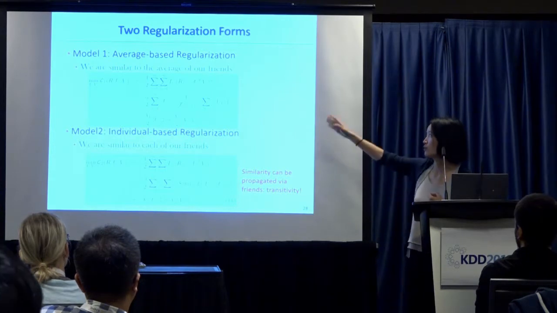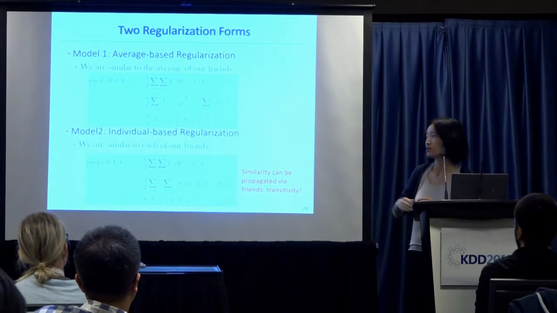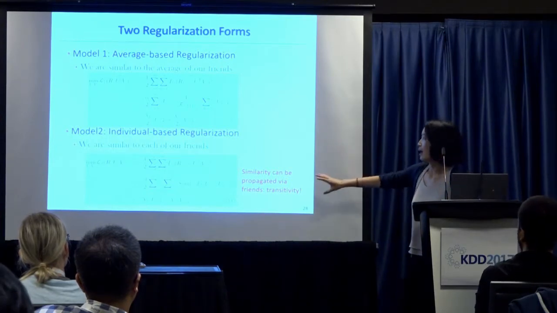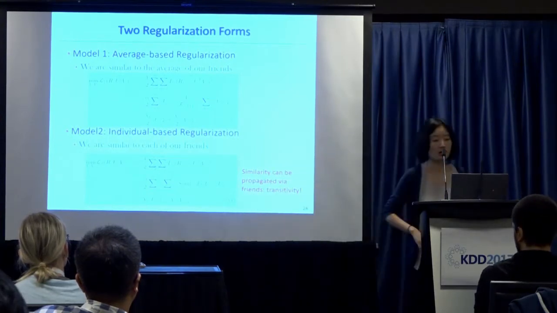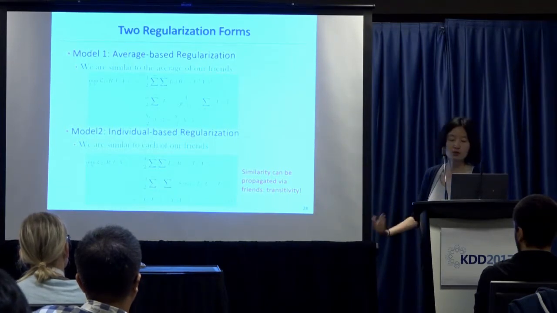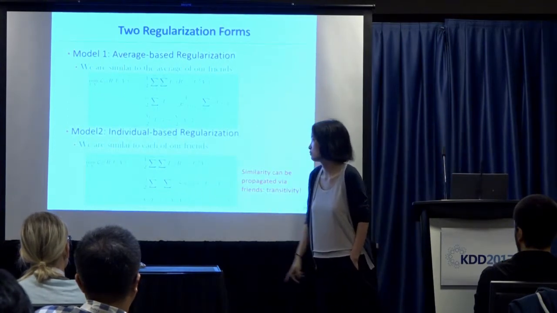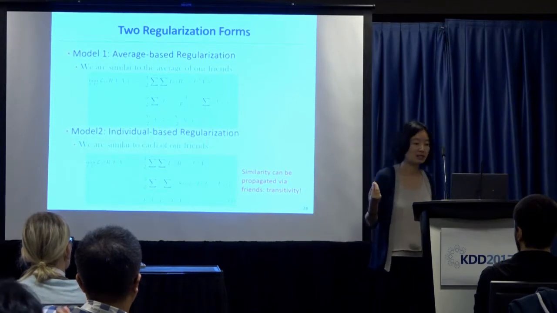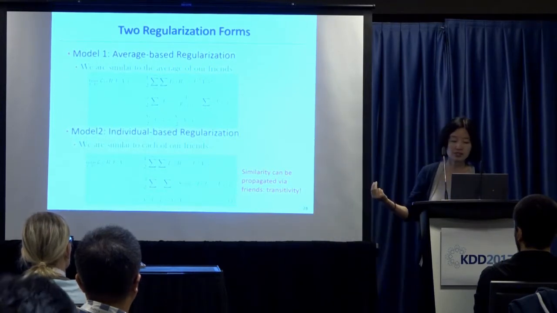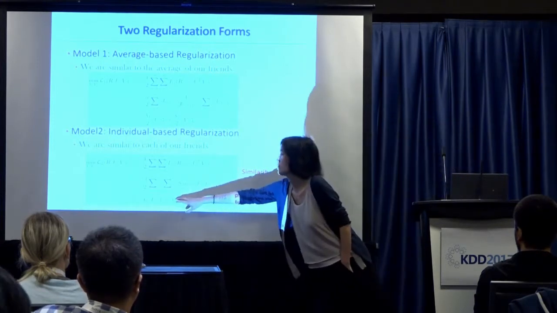Okay, so there are two forms of how we can utilize the link information. Here, I will focus on the second part, which is essentially the more standard graph regularization. For each link we have observed between two people, we hope that the latent representations are as close as possible to each other. And then we'll put some other regularization here.